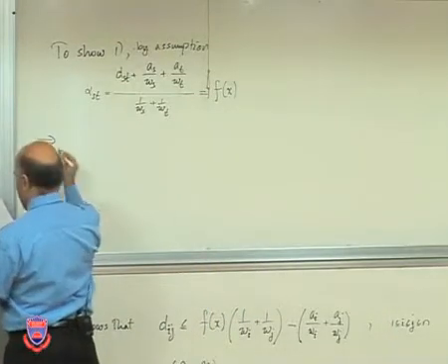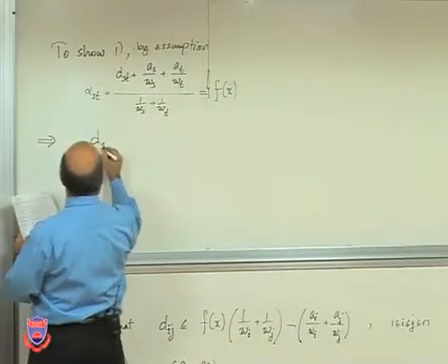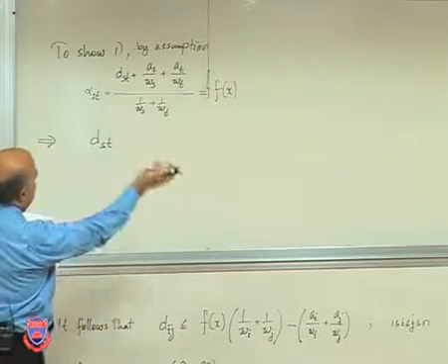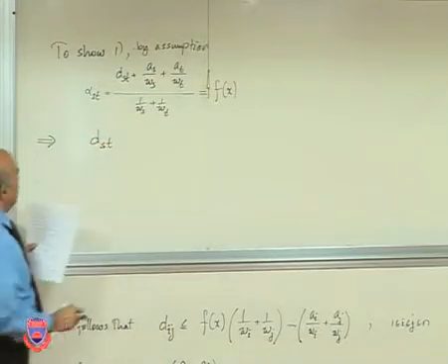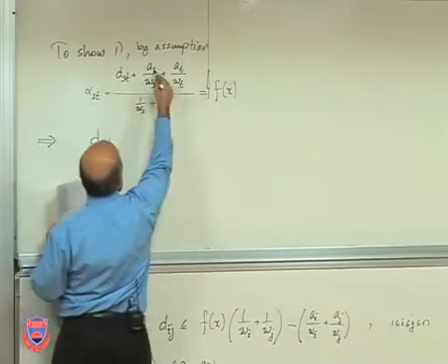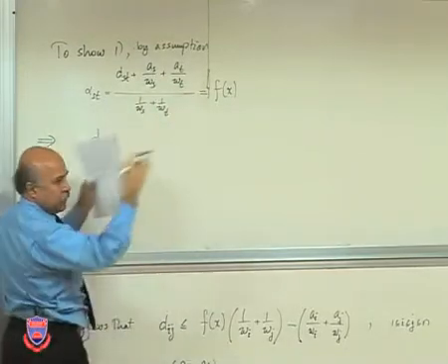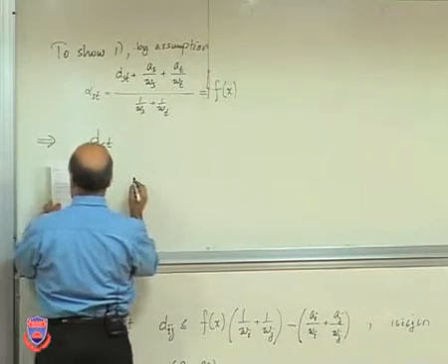And of course, this will give you dst if you simply multiply both sides by the sum of the reciprocal weights and then subtract the a over w from both sides.